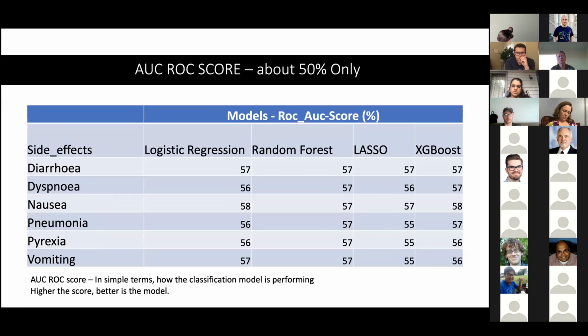It is a probability of the model, with values between 0 and 1, and the higher the score, the better the model. When I looked at the AUC ROC score for each of those side effects, it was not really high. The probability was only about 55%.